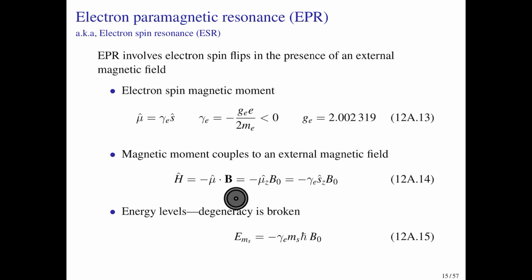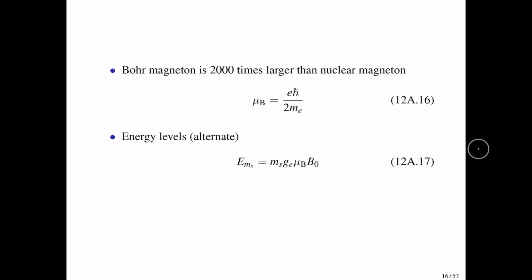In the presence of a magnetic field, that magnetic moment is coupled to the magnetic field, and you get a splitting of the degenerate spin states for the electron, perfectly analogous to what we looked at for NMR. Again, you can write these in different units.